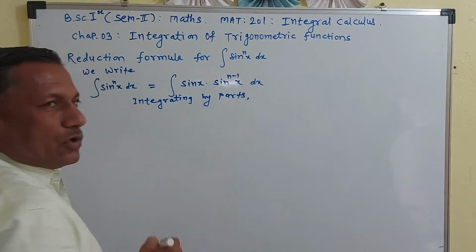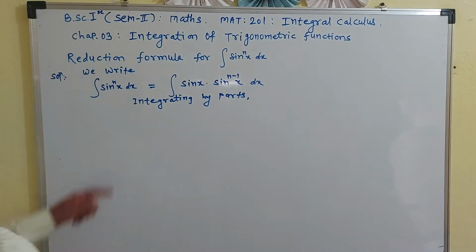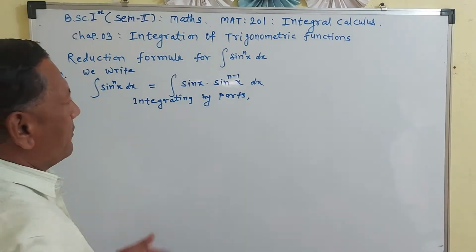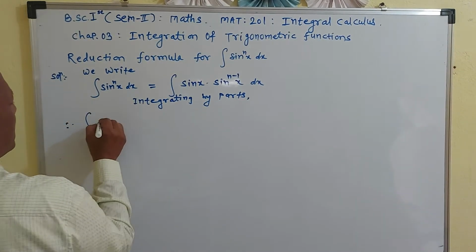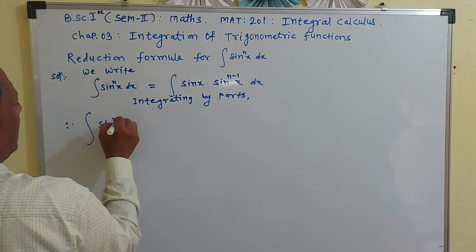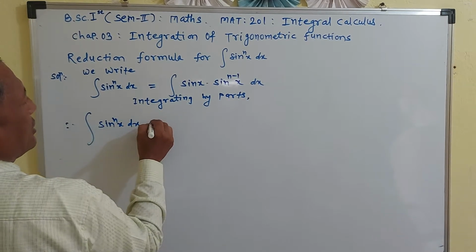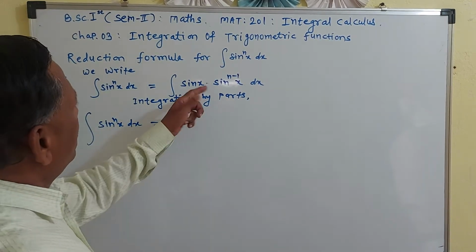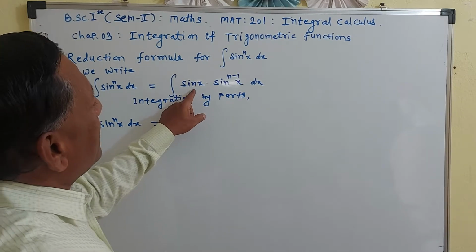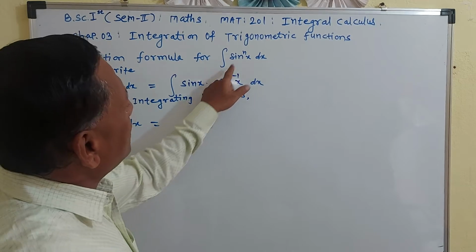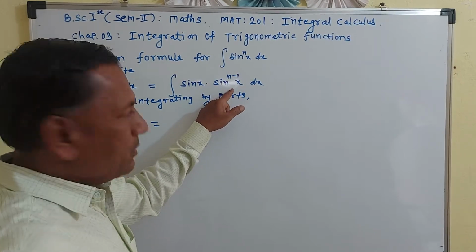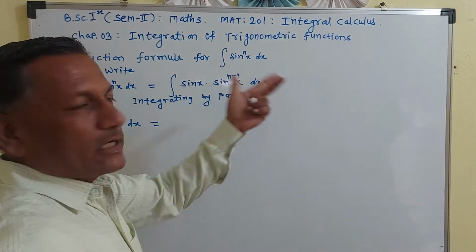we get, so you know the formula of integration of u into v. Using that, here integration of sin raised to n x dx is equal to, now here sin x, you know the integration of sin x. So you take sin raised to n minus 1 x as the first function and sin x as the second function.